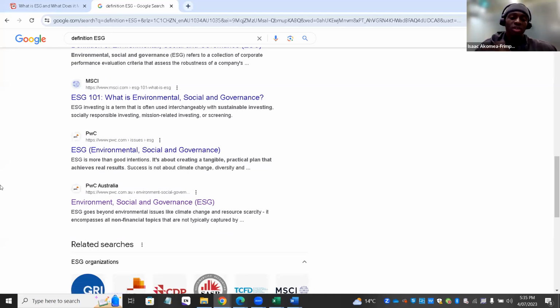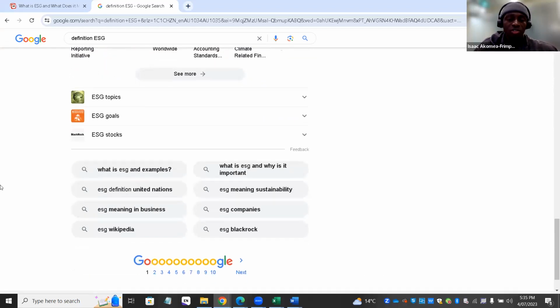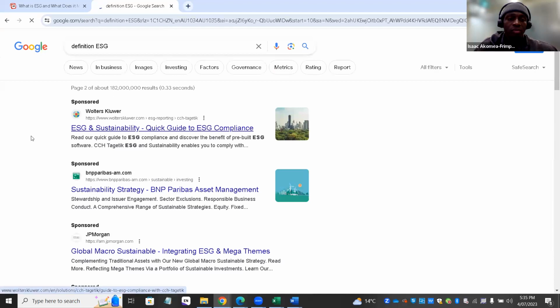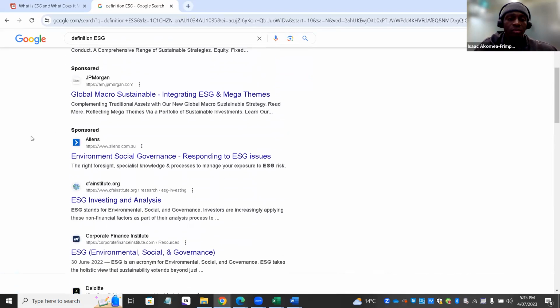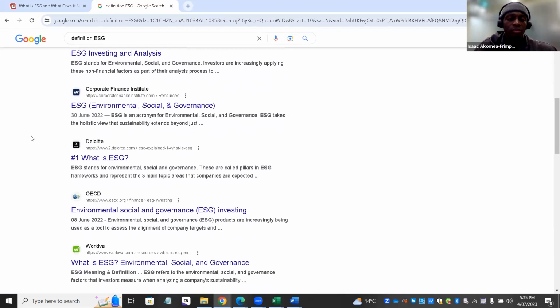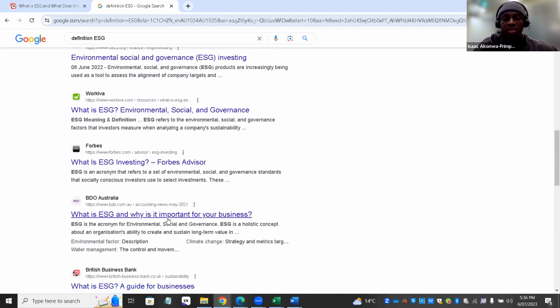Okay, so you can read this document. Not only PwC, you can also look at other documents, something like the OECD.